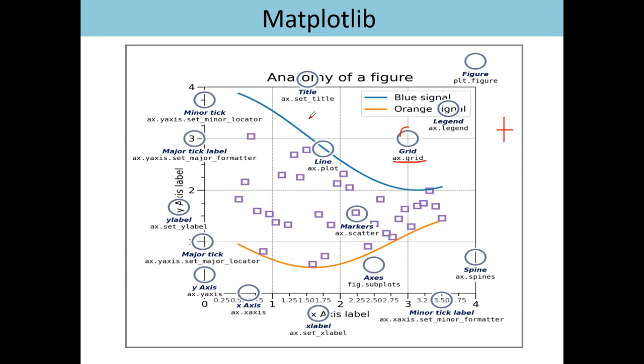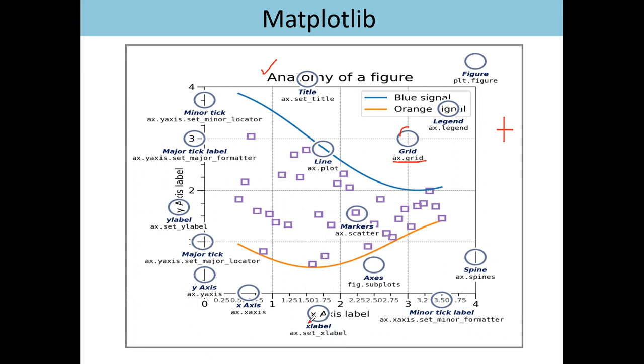You have to go with the terminologies. This is called the title of the graph. You can set all these things later, and we will see a few of them. These are the minor ticks, the small ticks over there. For precise measurement, we can use minor ticks.